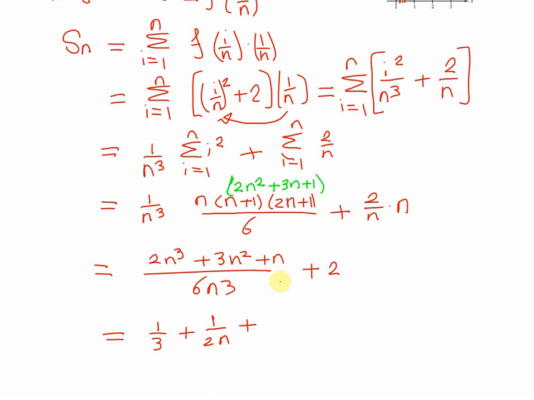Plus n over 6n cubed is 1 over 6n squared, plus 2. This is Sn.